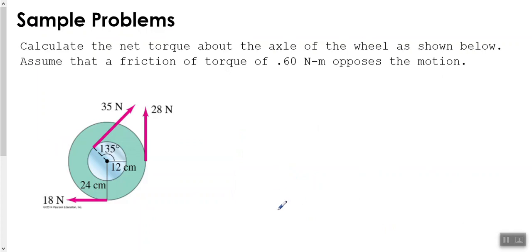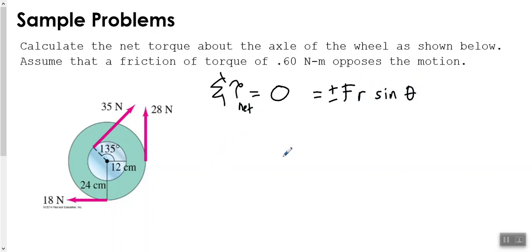Okay, so let's take a look at this problem. Let's calculate the net torque. So the sum of the torque, in equilibrium, is equal to 0, or we could write that as net torque. So we have force plus or minus times the radius sine theta, or the length.